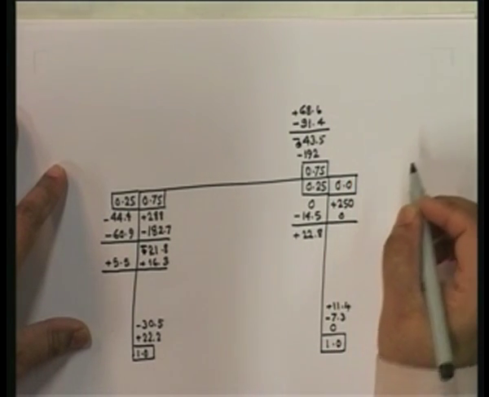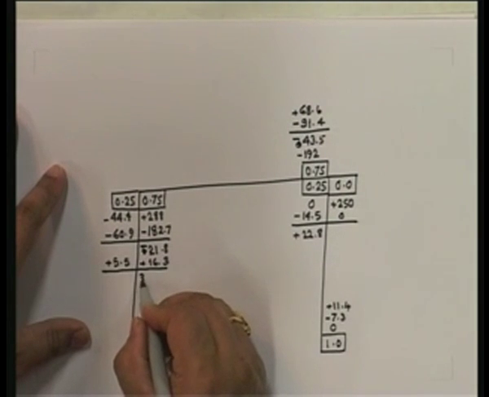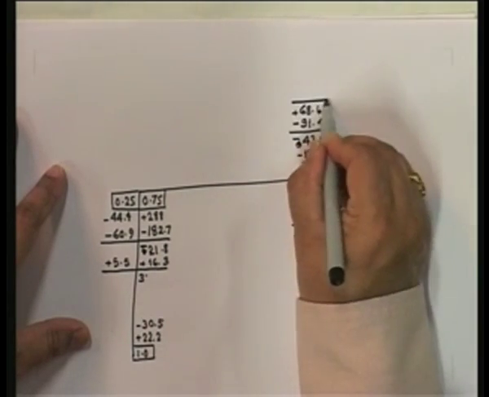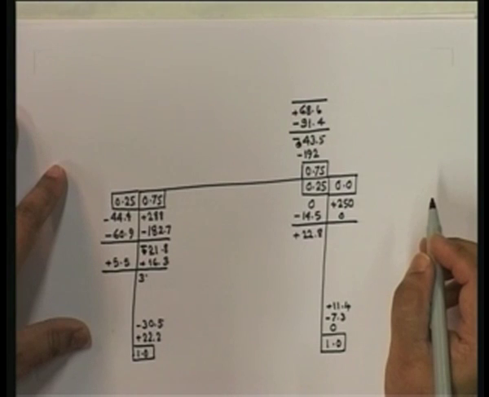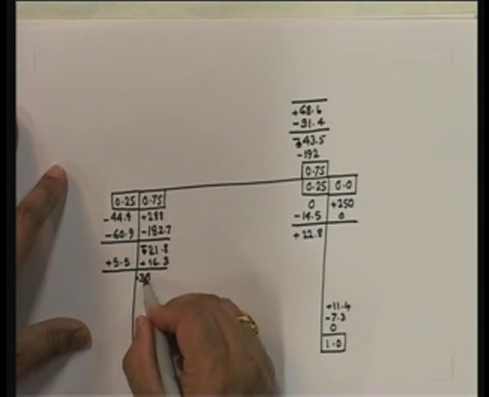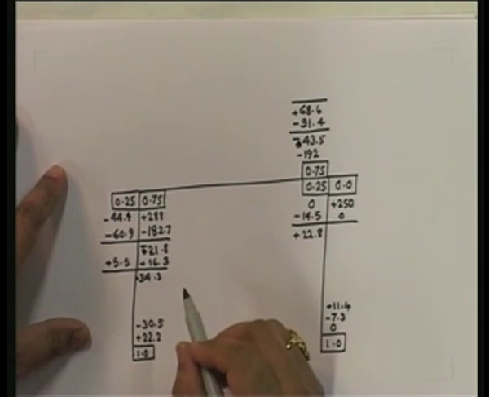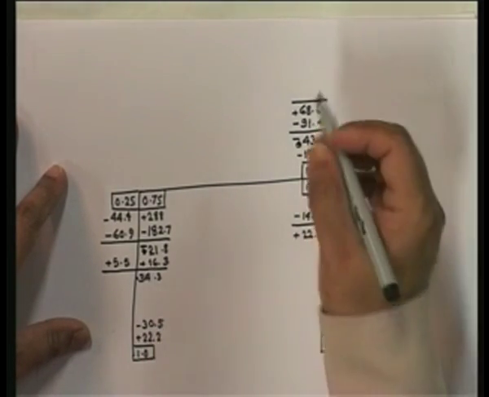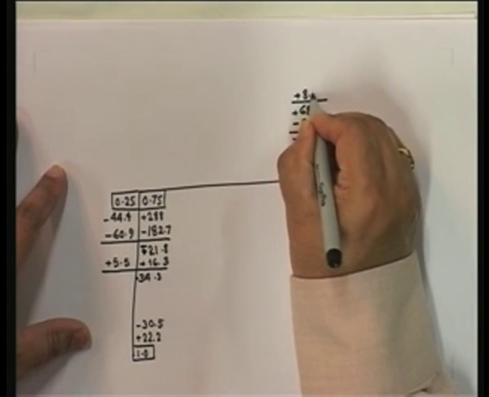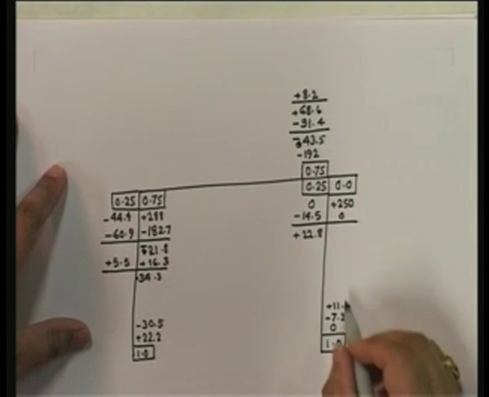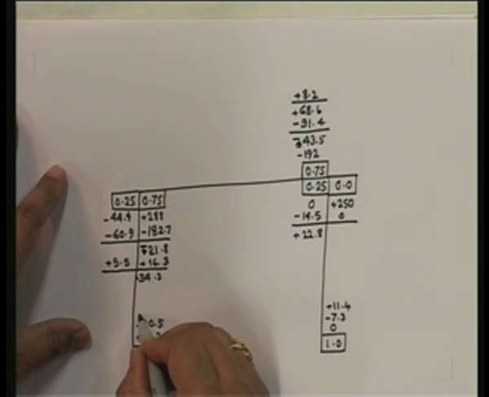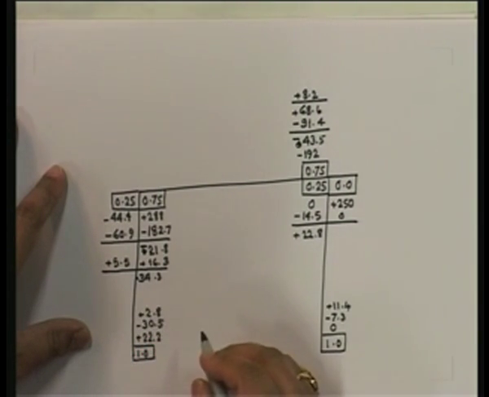Then here, I'm sorry, this is distributed, so it's going to be plus 34.3. That's the carryover here. Carryover over here is going to be plus 8.2. We've already done the carryover here, and the final carryover of this to here is going to be plus 2.8.